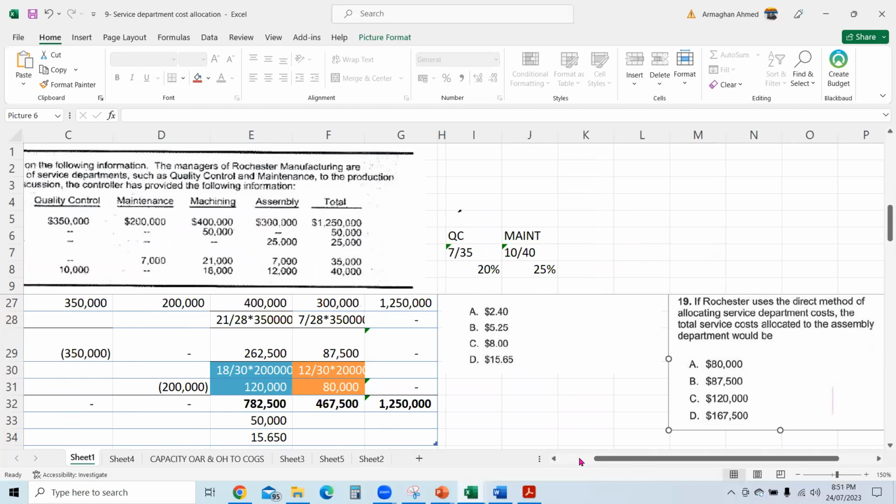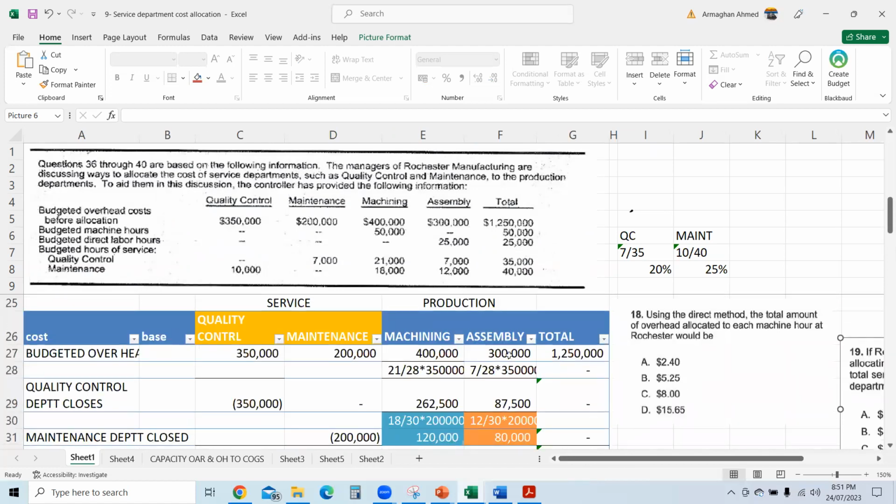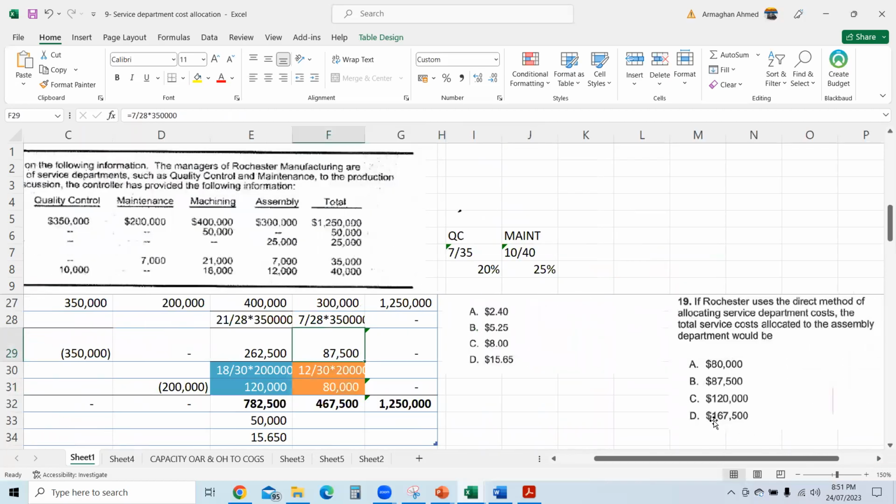So how much service cost is allocated to assembly department? Assembly department is this one, right? Tell me how much total service department cost is allocated to it. Quality control, how much cost allocated? 87,500. How much does the maintenance department allocate? 80,000. So total will be 167,500, right? Agree? So what is the answer? D. Okay, D is the answer. Is it clear? Yes, sir.